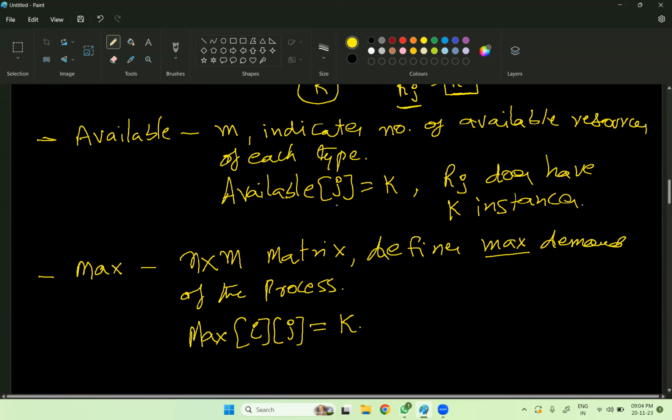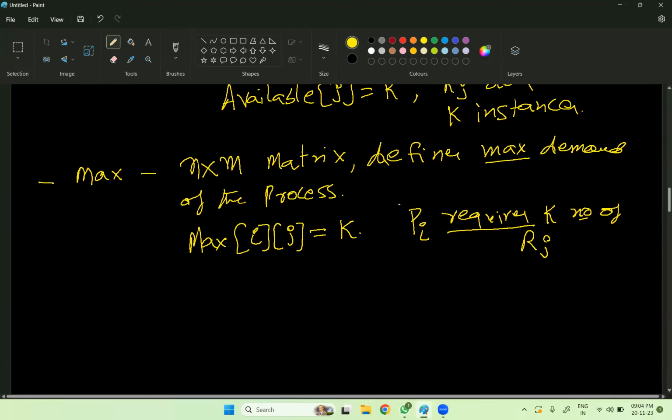A process Pi requires, not requests, requires k number of resource type Rj to finish off its job. That's the meaning.